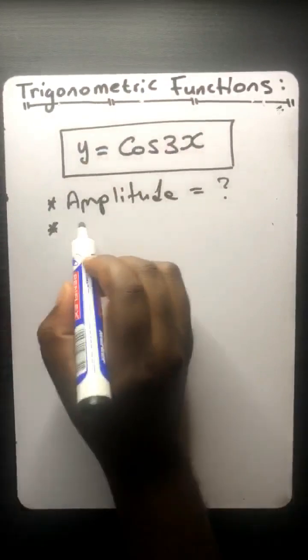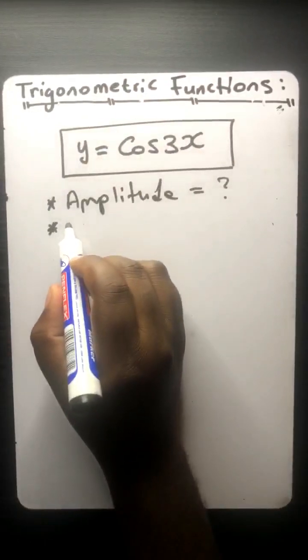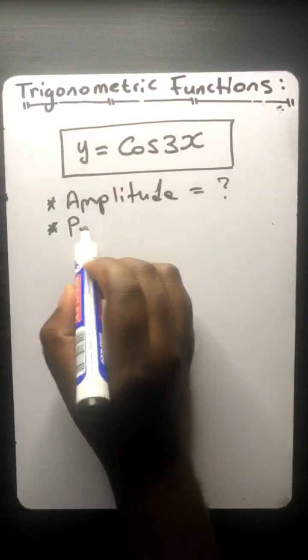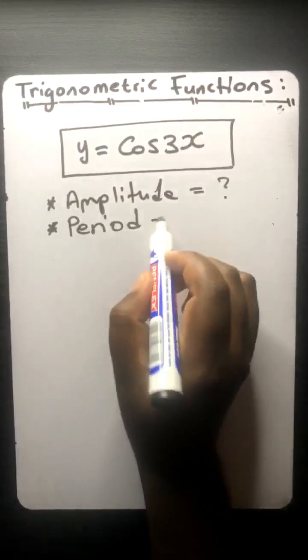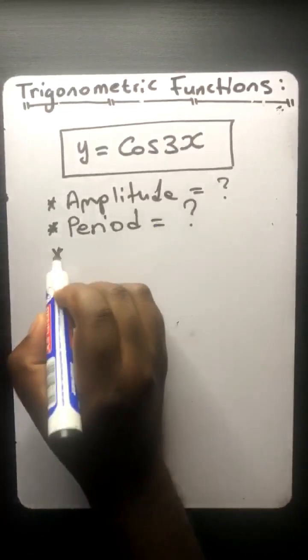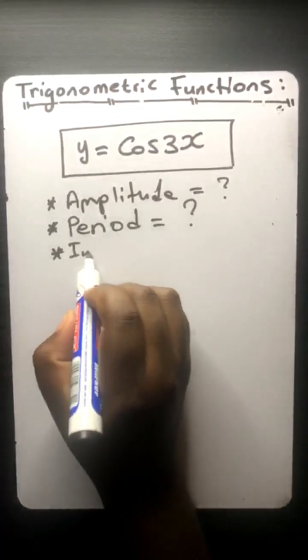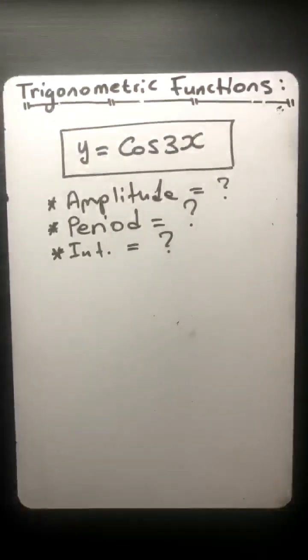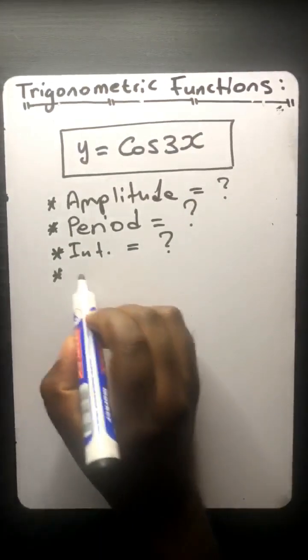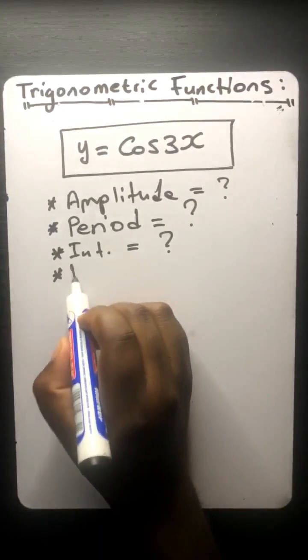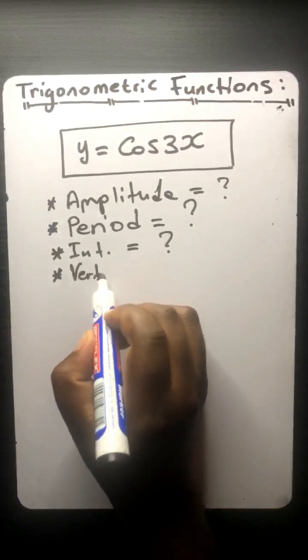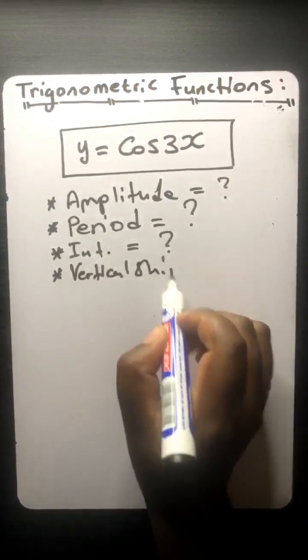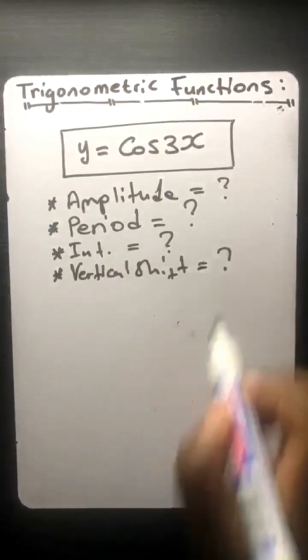Or you will say the period, it's equal to whatever that it is for that. And then the other one can just say the interval, it's equal to whatever that it is. Maybe let me make it even more interesting and say someone can say vertical shift, it's equal to whatever.